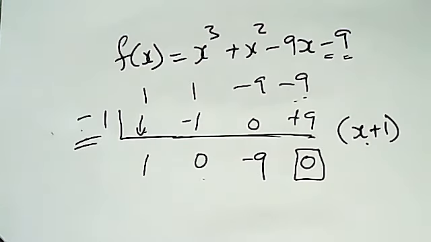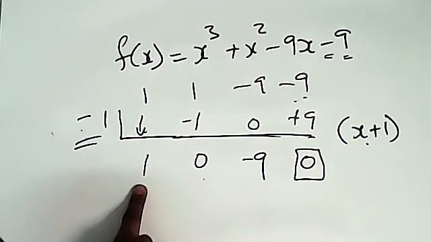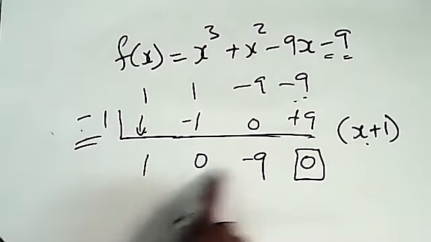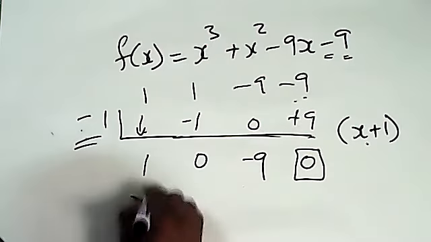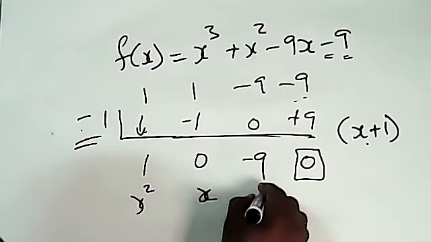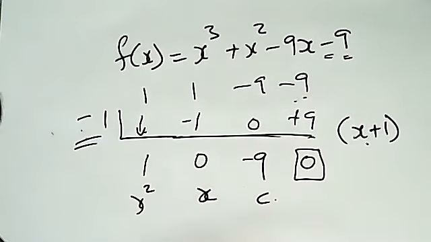So how then do we go about factorizing if we now know that the correct one is x plus 1? You will use what we got here. The first one is for x squared, the second one is for x, the third one is for the constant, which is c, always, right?